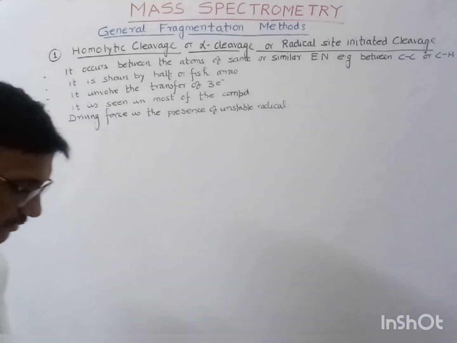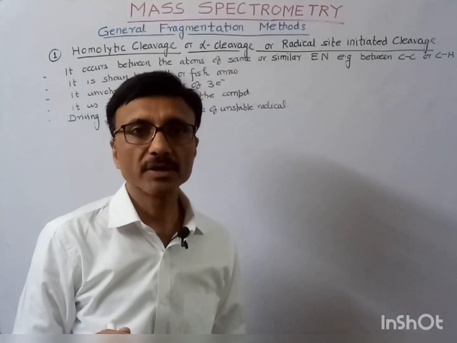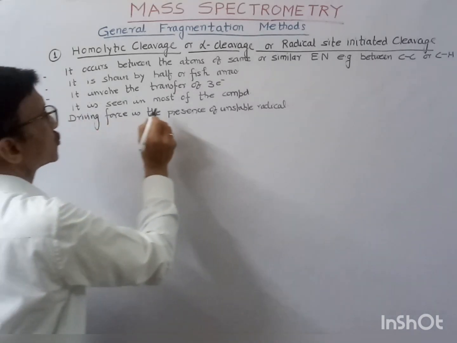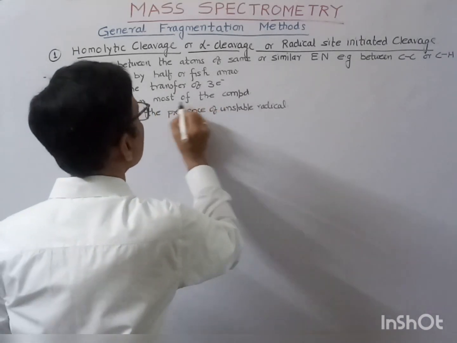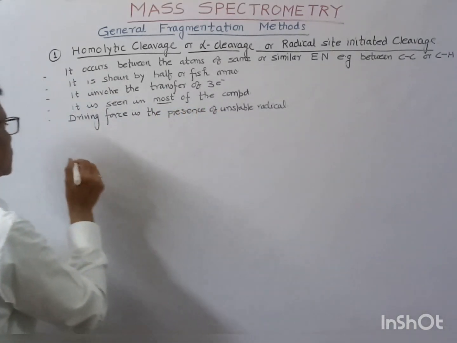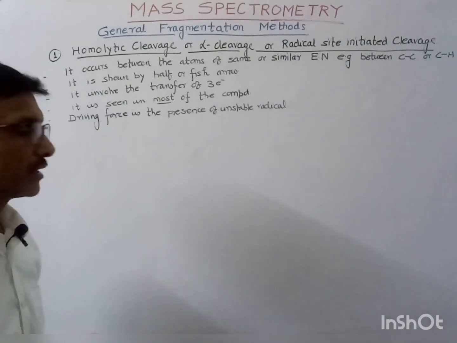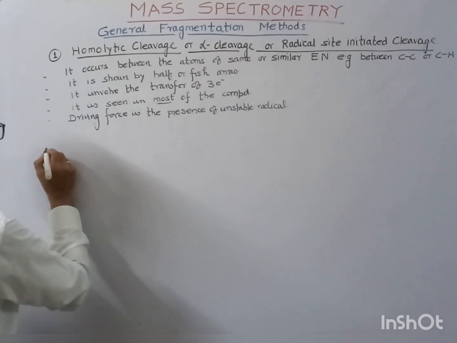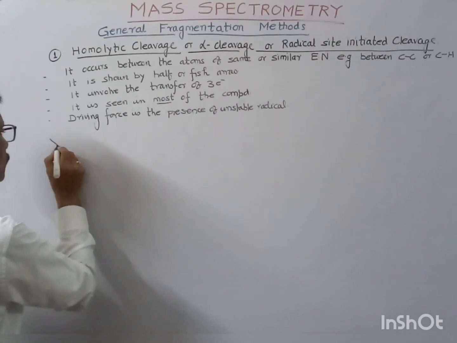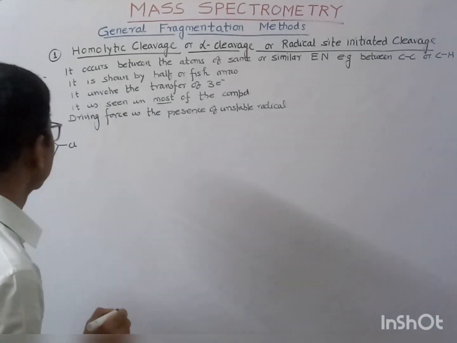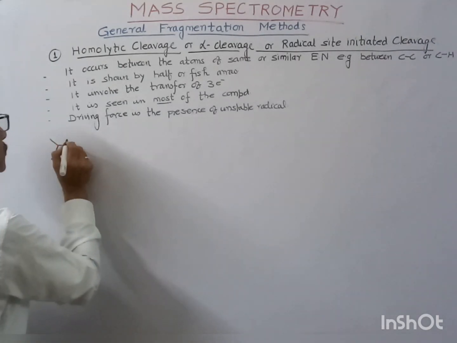Now let us see one by one different examples where this cleavage is possible. As I told, it is seen in most of the compounds. So let us see first. Suppose we have any alkyl halide, here you will see the homolytic cleavage may take place. So suppose you have alkyl halide, isopropyl chloride.